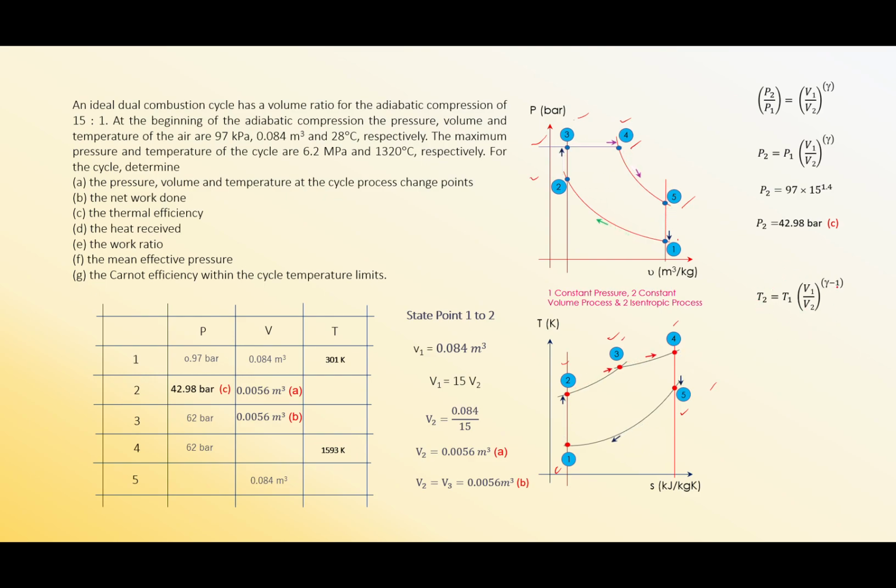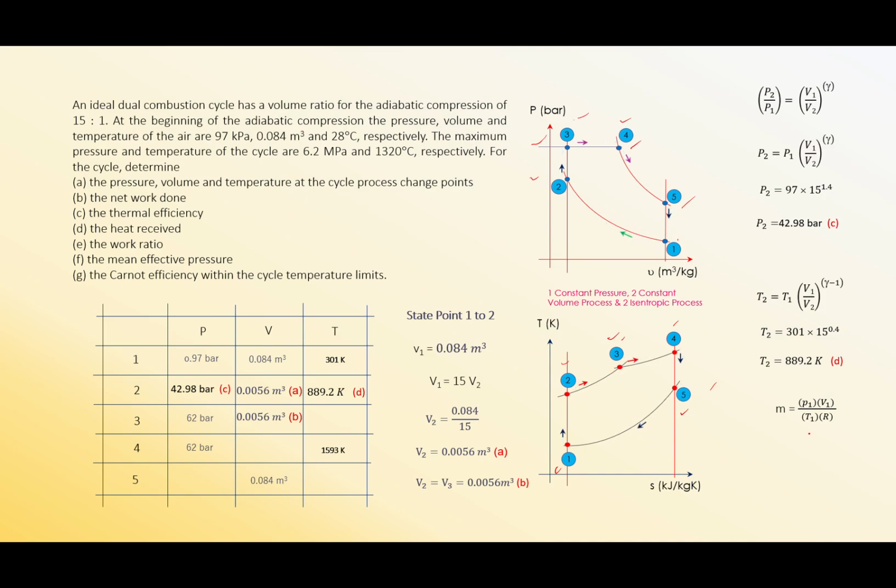Remember, temperature to volume is power of gamma minus 1, pressure to volume is power of gamma, and if you take temperature to pressure, then this should be gamma minus 1 over gamma. So you have T2 equals to 889.2 Kelvin. Put it into the table here: 889.2 Kelvin. Follow?